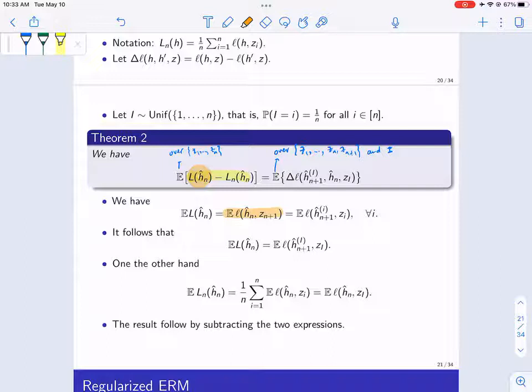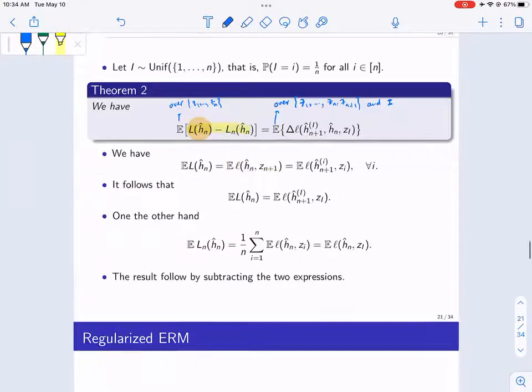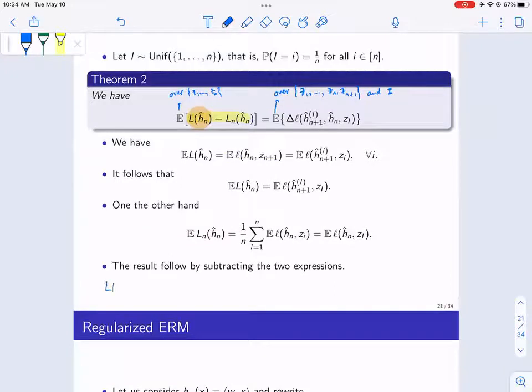So Z_{n+1} is independent of Z1 up to Zn. So I'm basically evaluating h hat n on a new data point. I take the expectation over Z_{n+1}, so L of h hat n would be the expectation over Z_{n+1} of the loss of h hat n on Z_{n+1}.